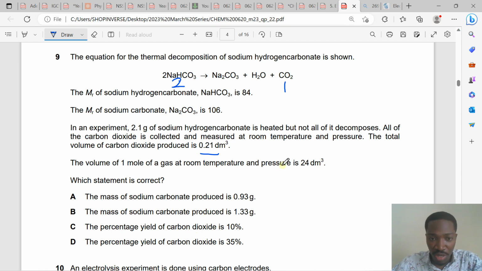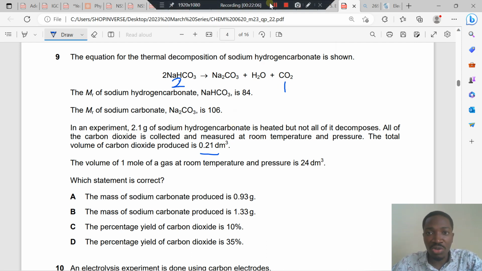So what else do we have here? We have the volume of 1 mole of a gas, and the total volume of carbon dioxide produced is 0.21. We have the volume of carbon dioxide produced, and then we also have that 2.1 gram of sodium hydrogen carbonate was heated. So what will you do here?